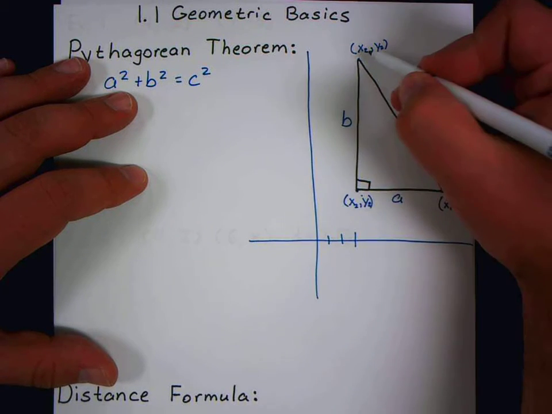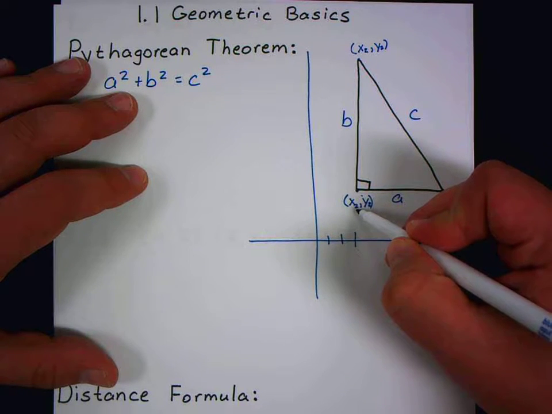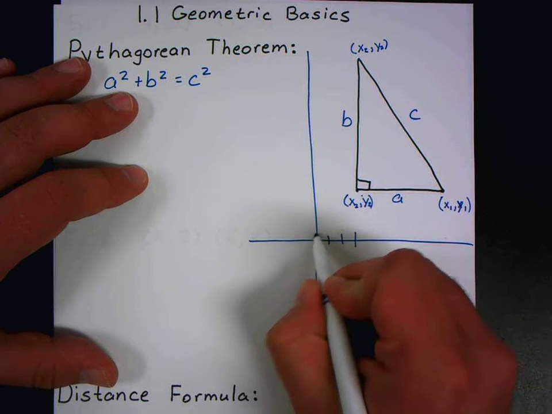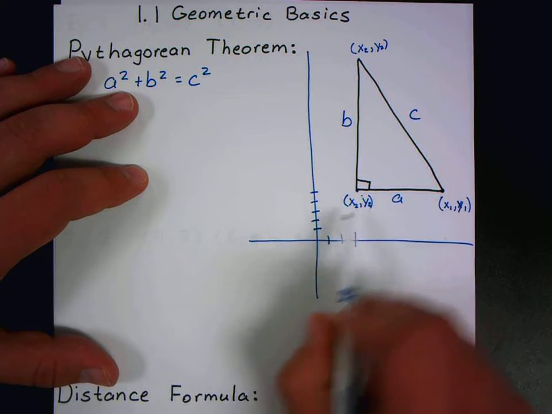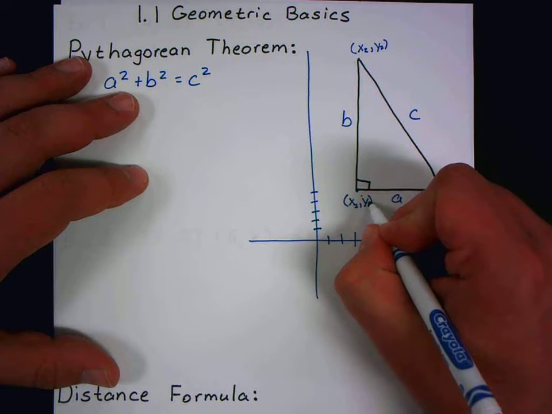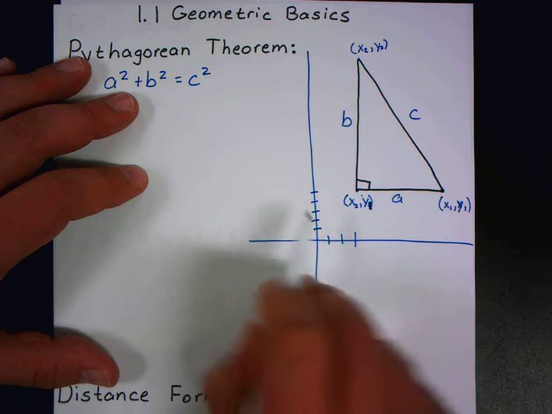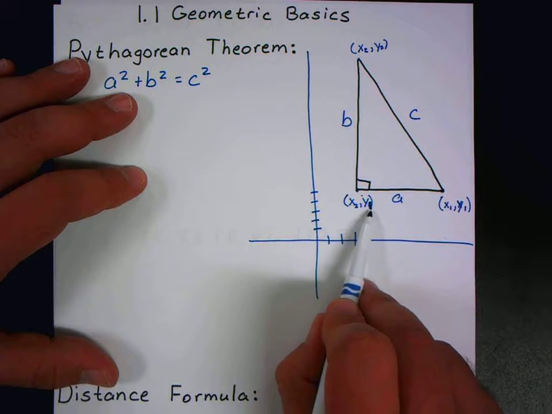So, since the value of this point is x2, the value of this point would be x2. Likewise, going up and down, if the height, oops, I wrote that wrong, sorry, y1. If the height of this value here is y1, then the height of this value here is y1, because they have the same height.